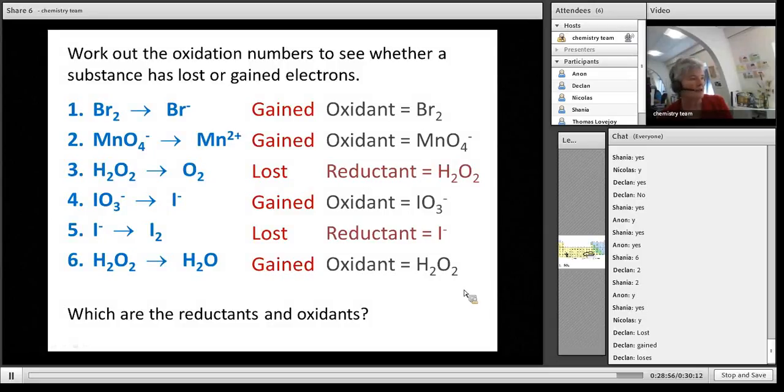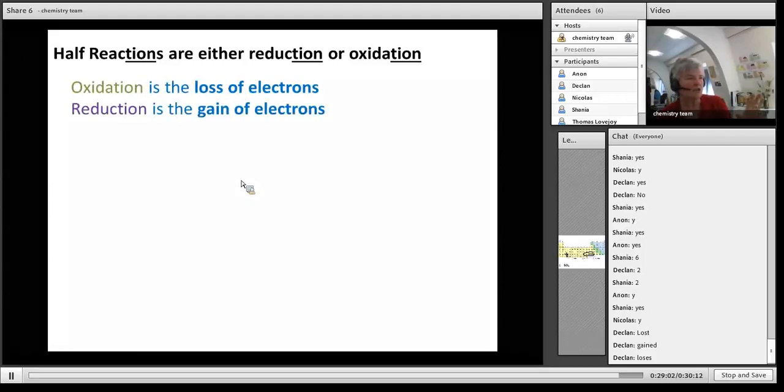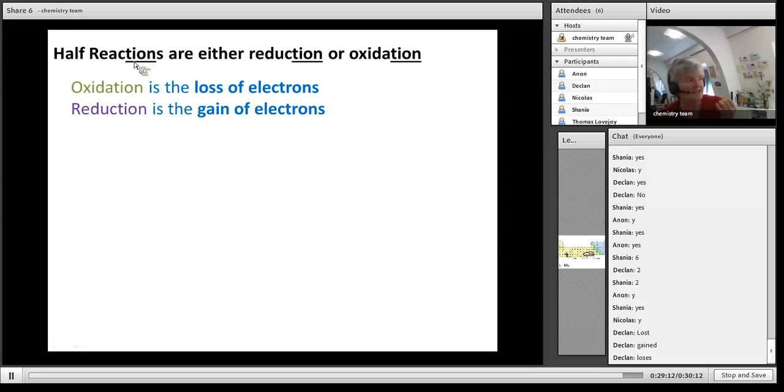Now, I know we're pretty much on time now, so I just want to stress this point. Oxidation is the loss of electrons and reduction is gain, but this is now for the half equations. Can you see it's -tion, it's a reaction. So if it ends in -tion, oxidation, reduction, it's a reaction.